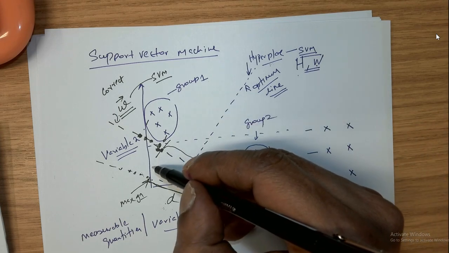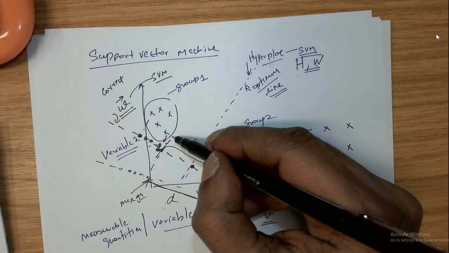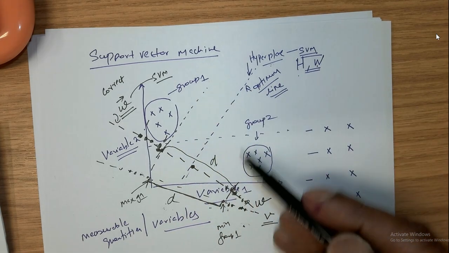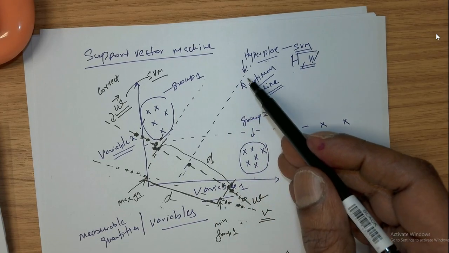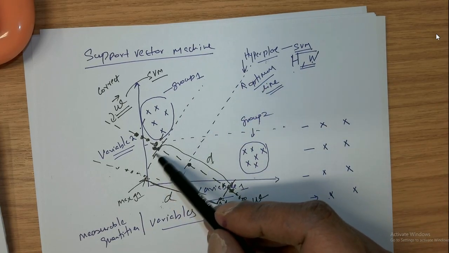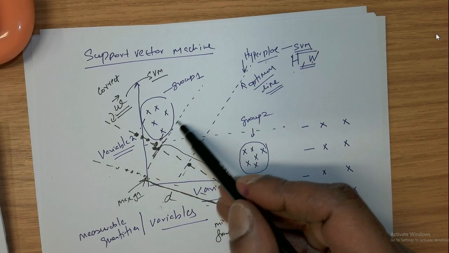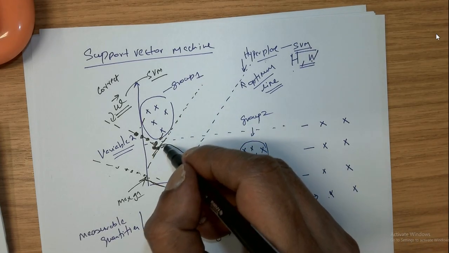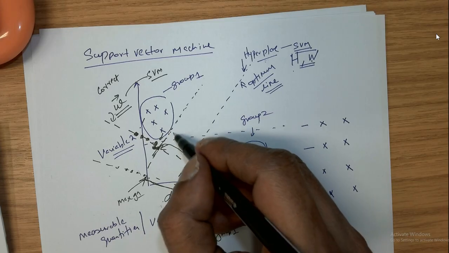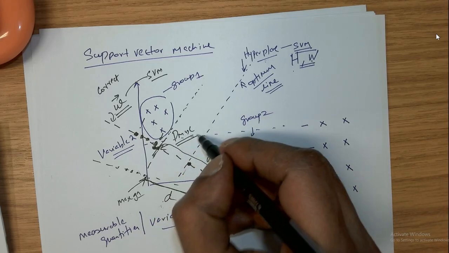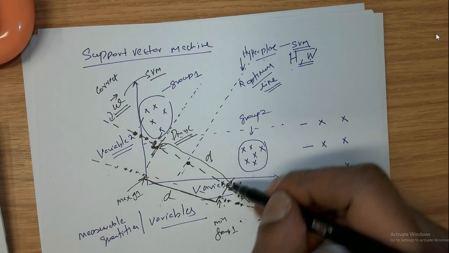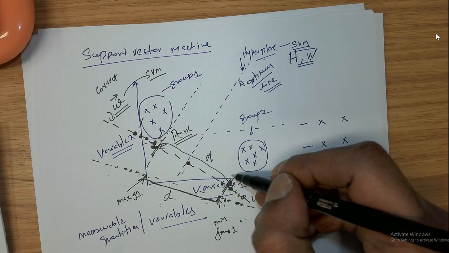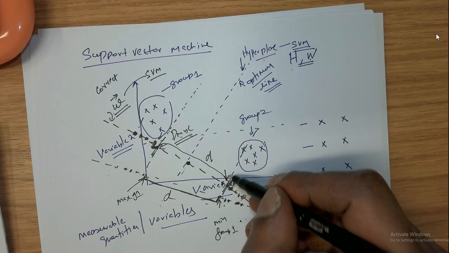And then you draw one more line which is parallel to the hyperplane, but that line should pass through one of the points in group 1, which is the maximum point, let's call it P max, and then another line that passes through P minimum, which is this point.